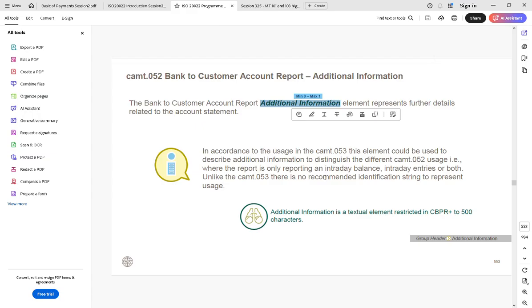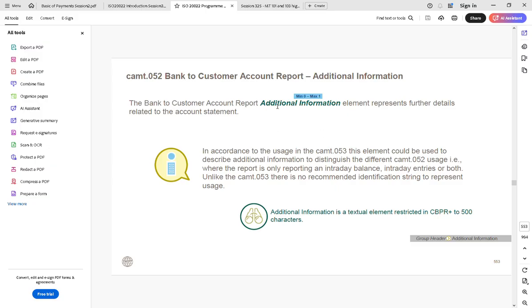This is the field, additional information. Okay, what does this field contain? Additional information is plain text. You can enter plain text. Minimum and maximum length 500. There is nothing special mentioned. It is plain text inside that one, and you can mention the text query. Okay, that is additional information.